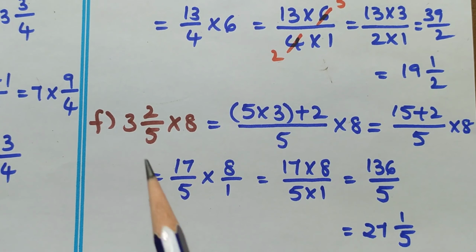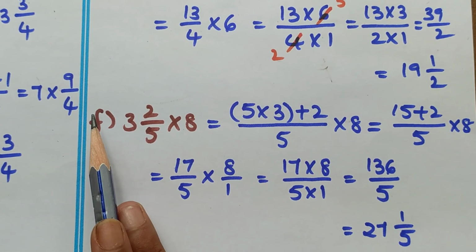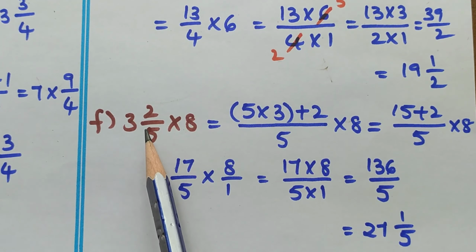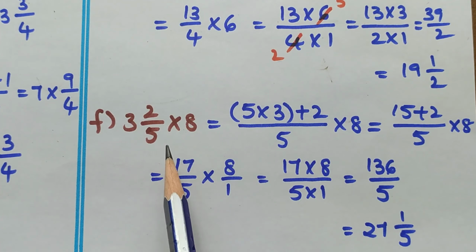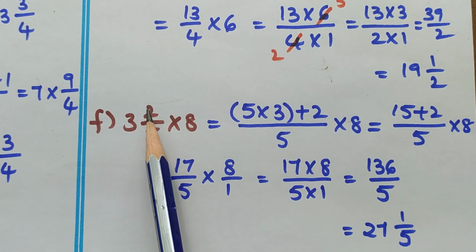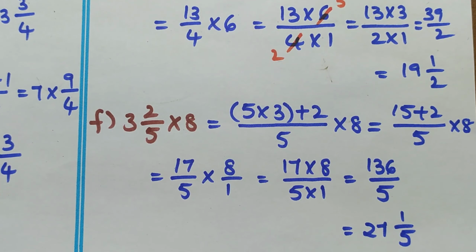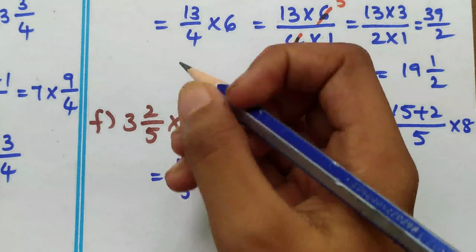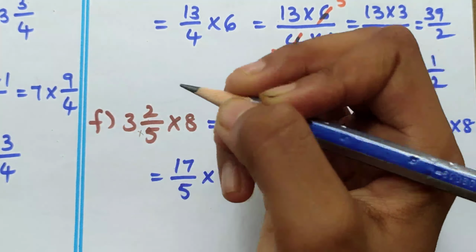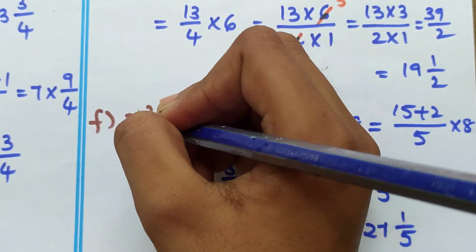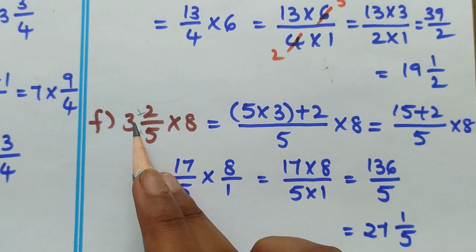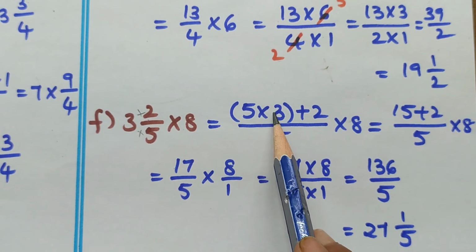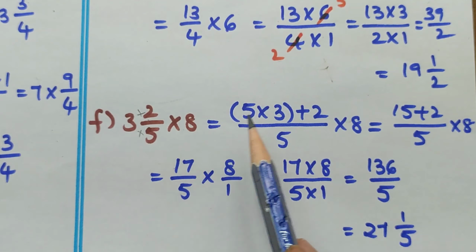Okay friends, now let us see F bit. This is the last bit for this question, sixth one. The question is 3 2 by 5 into 8. So 3 2 by 5 is mixed fraction and we should convert this mixed fraction into improper fraction. 5 into 3 plus 2 by 5. 5 into 3 plus 2 by 5 into 8.